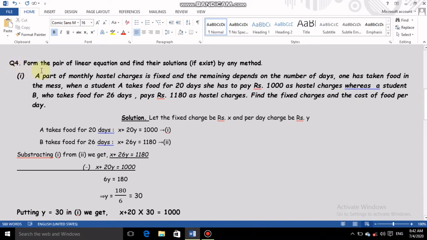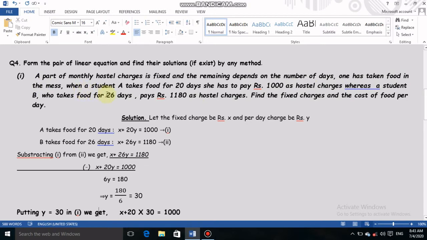Question 4. Form the pair of linear equations and find their solution, if it exists, by any method. A part of monthly hostel charges is fixed and the remaining depends on the number of days one has taken food in the mess.